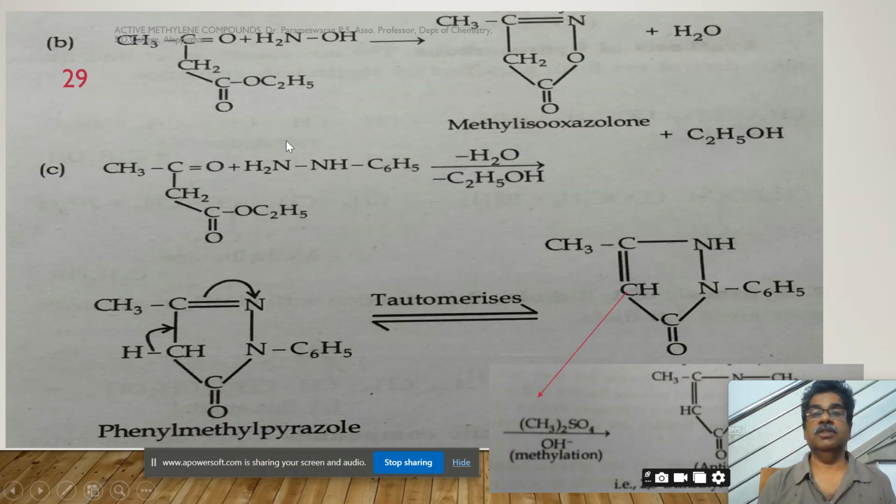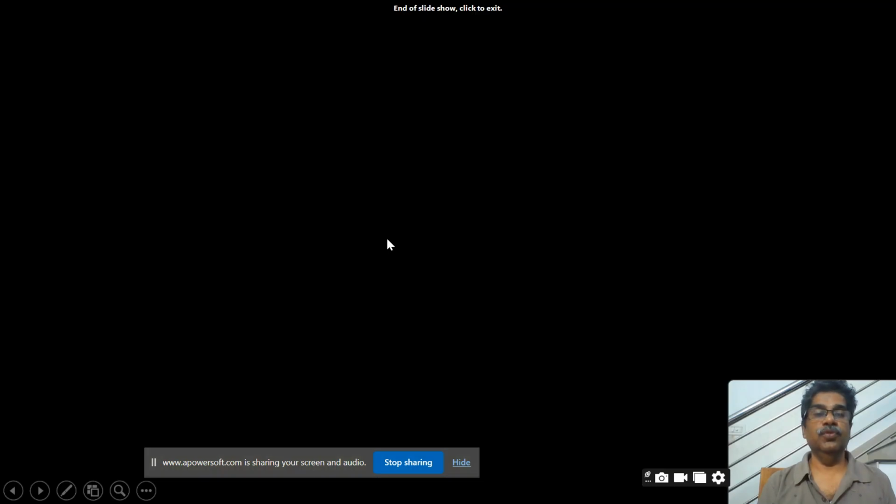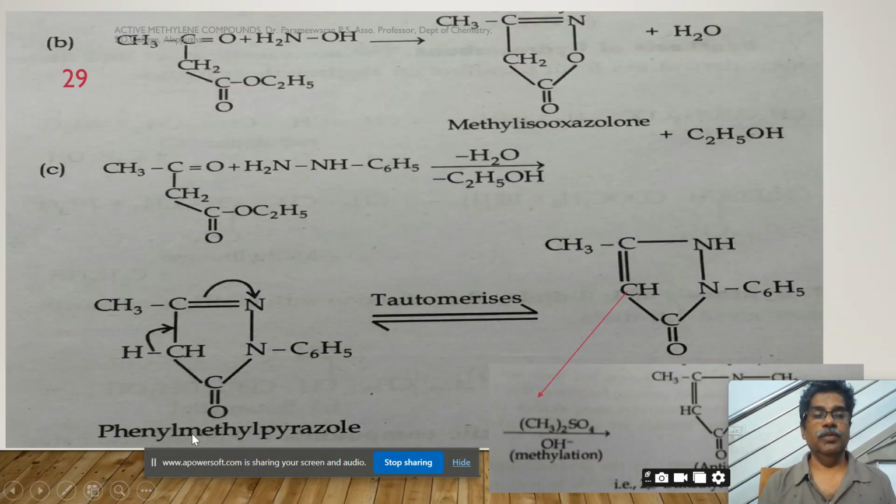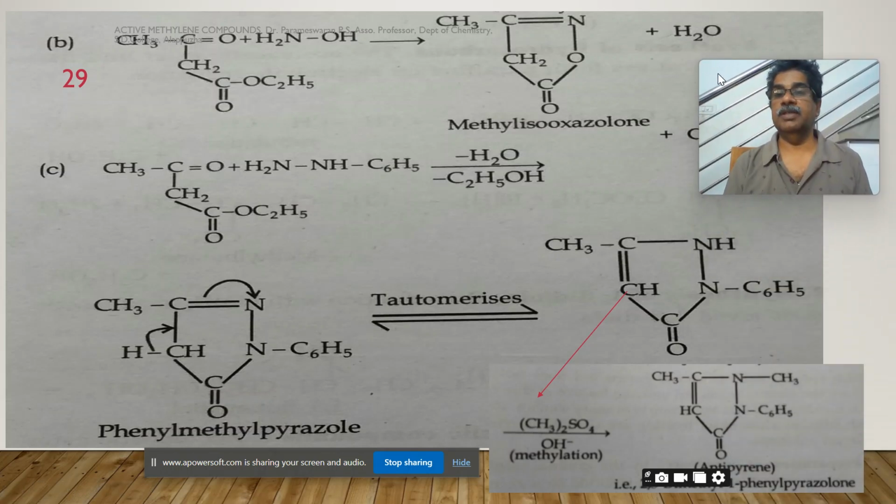Acetoacetic ester is treated with phenylhydrazine to form phenyl methyl pyrazolone. It undergoes some condensation reaction, then tautomerizes. Then when it is treated with dimethyl sulfate, this H is replaced with CH3, and this is known as antipyrine, 2-methyl 1-phenyl pyrazolone.